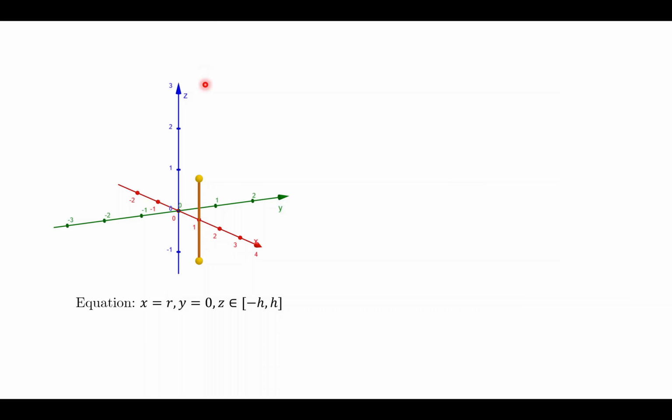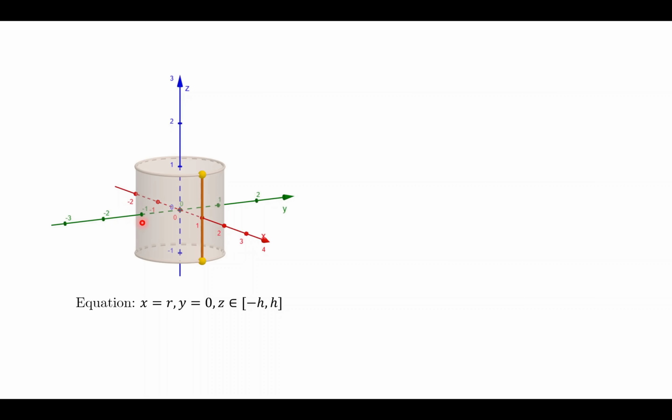And y equals 0. So this in general gives a vertical line cutting through the point (1, 0). But I'm going to only look at the line segment where z runs from minus h to h. So obviously, if you rotate this about the z-axis, you are going to get a cylinder. And the volume of the cylinder is very easy to calculate.